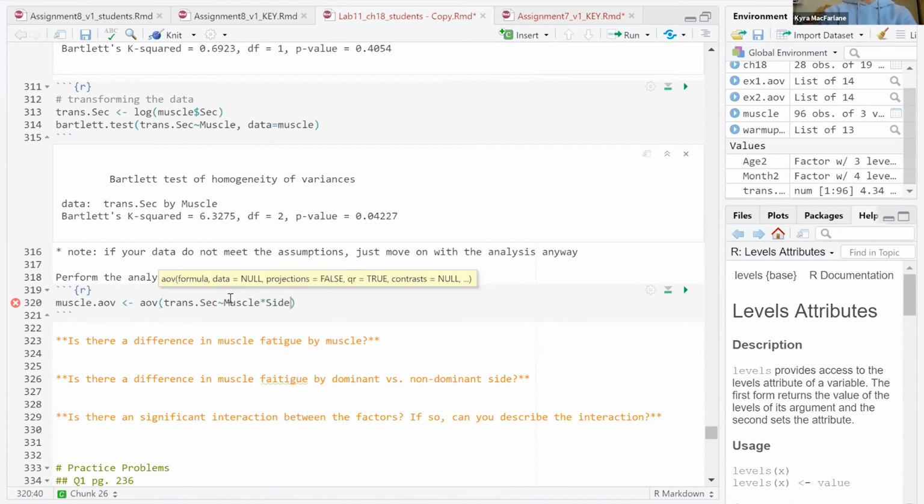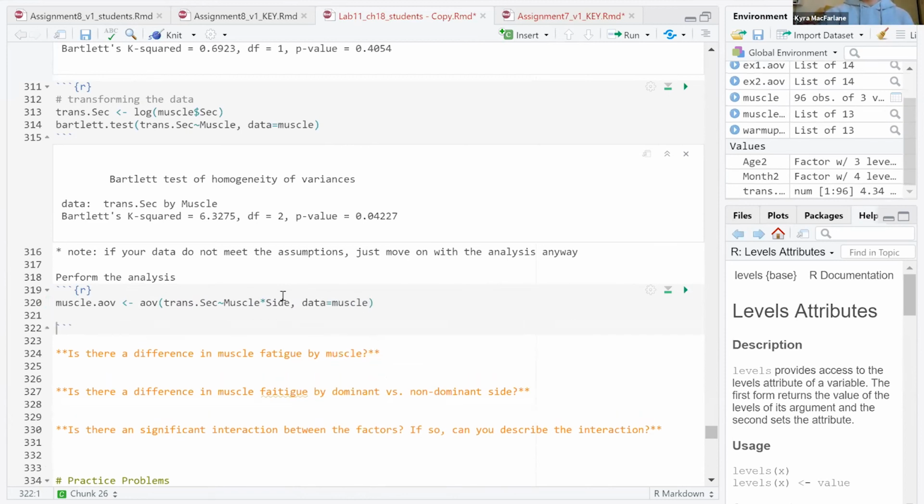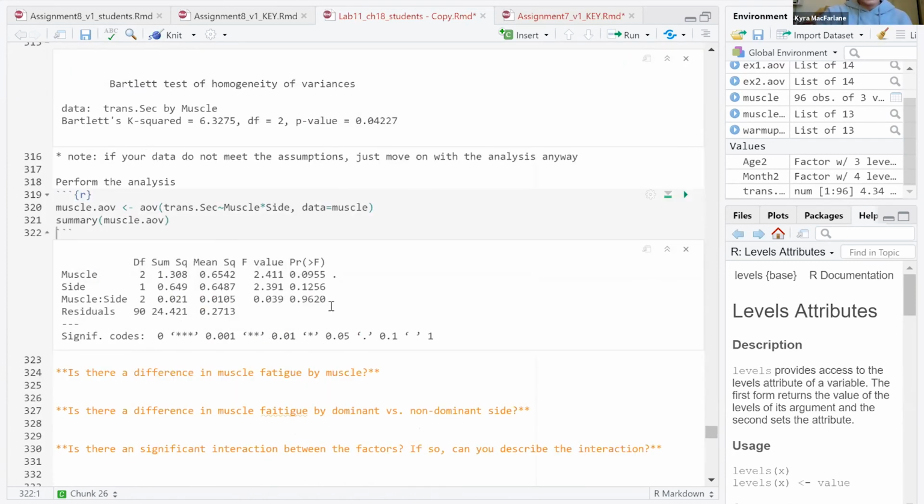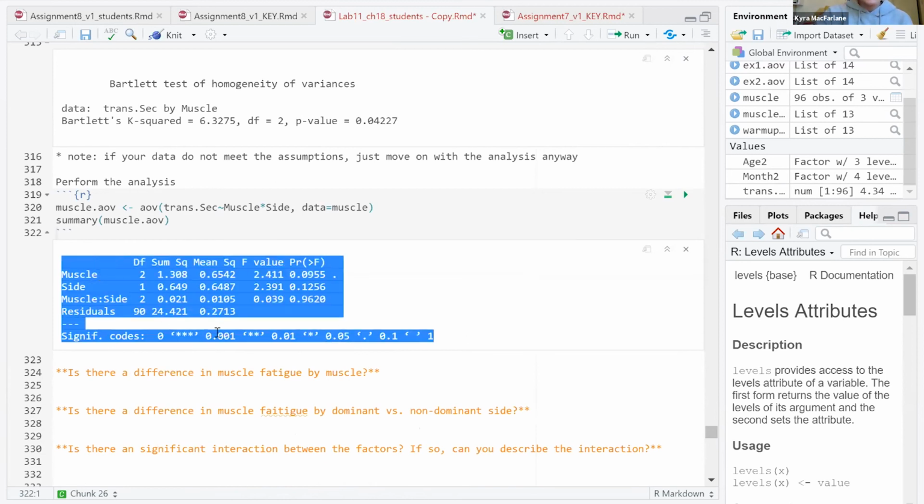Or you could also do side, muscle, muscle side, it doesn't matter. Data equals muscle. And then summary, muscle AOV. And it looks like nothing is significant. I'm actually surprised by that.